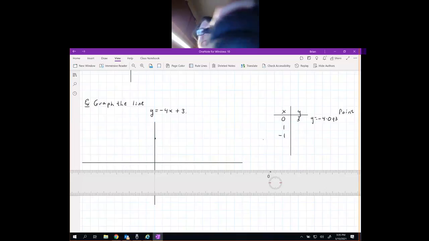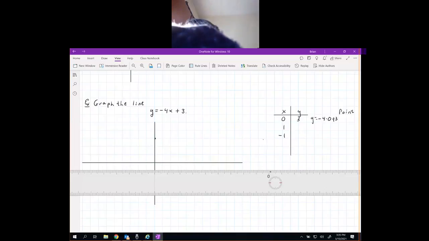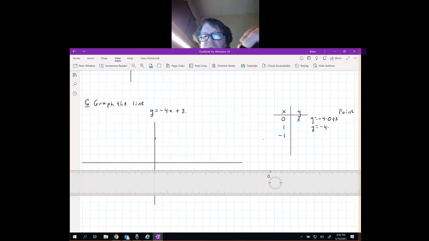When we replace x equal to 1, we plug that in. You'll notice in this case y is equal to -1. And so I have to plot the point 1, -1.